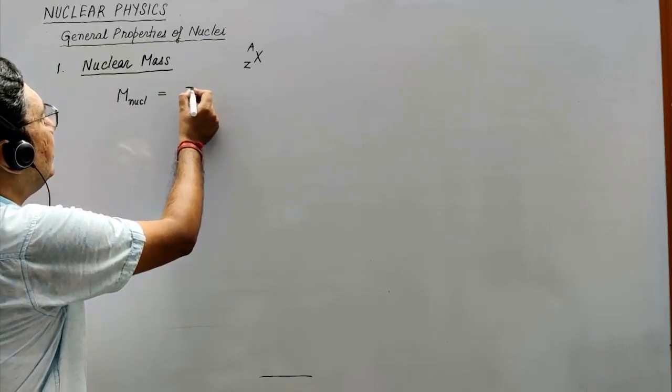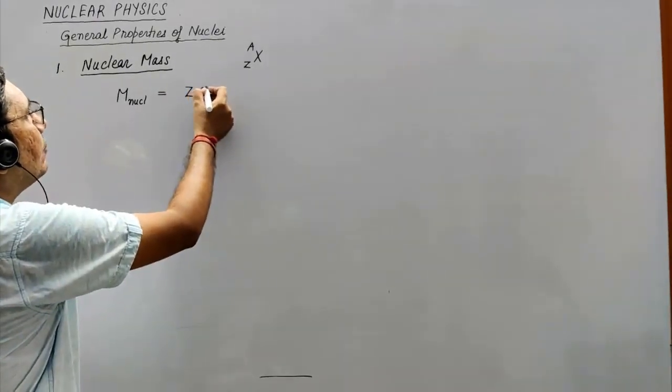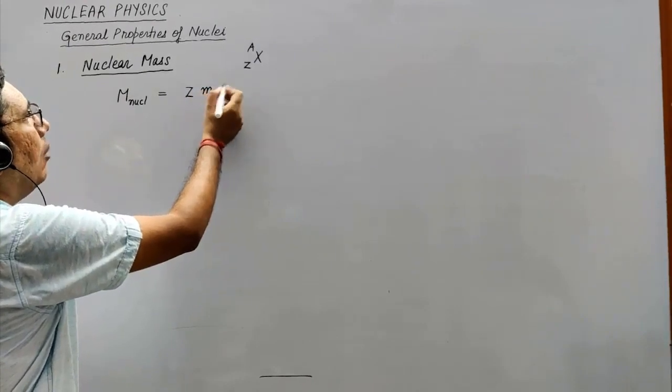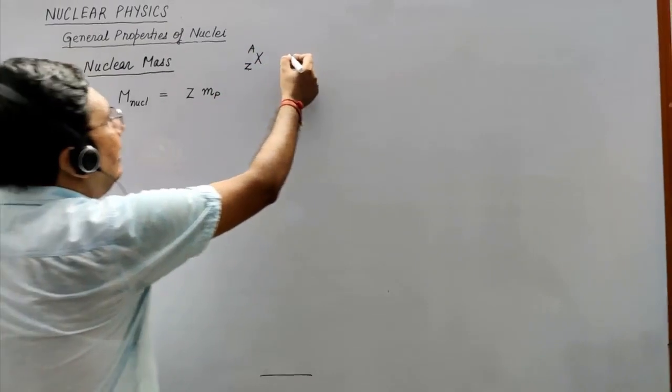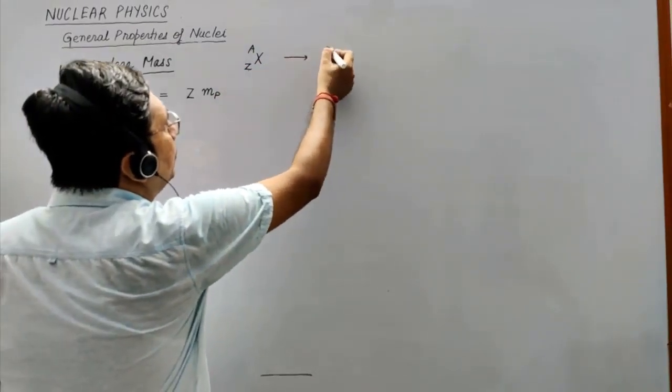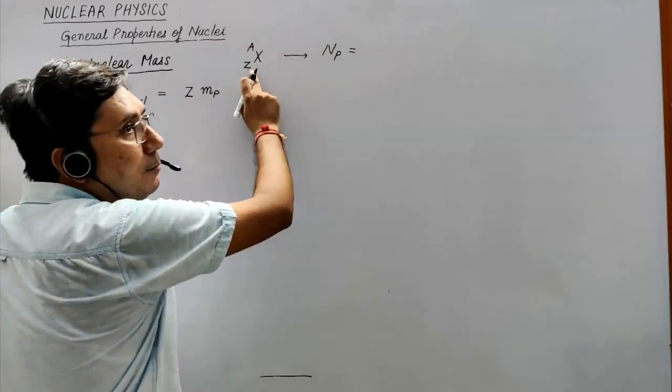This will be equal to Z times the mass of the proton. How many protons will be here in ZXA? In this nuclei, the number of protons will be equal to this Z number.